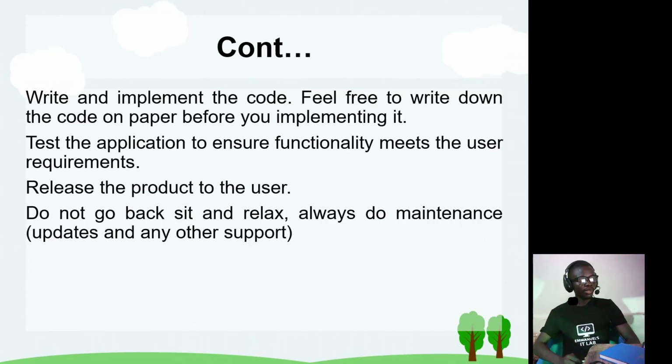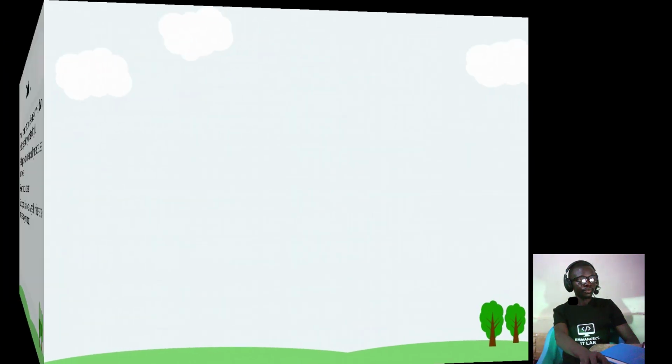So test the application during development, then after development perhaps get somebody to help you test the application. Then later on deliver the product to the user or the client. So do not sit back and relax after you have delivered the product to the client. Always maintain it such that you can stay live in the field.